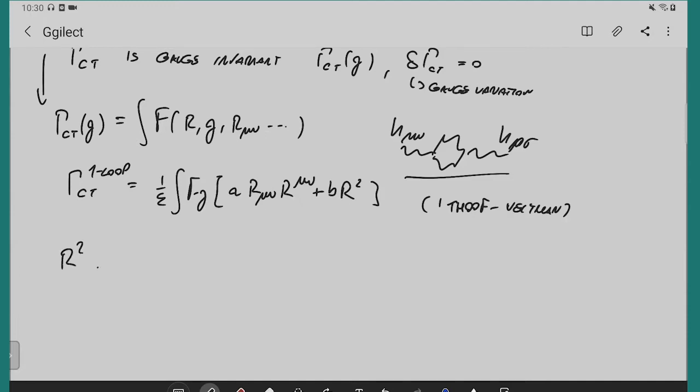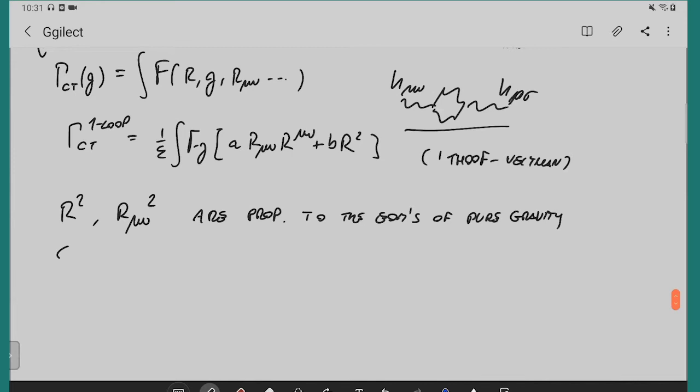So R squared and R mu nu squared are proportional to the equation of motion in pure gravity. The equations of motion for our action are the well-known Einstein equations.